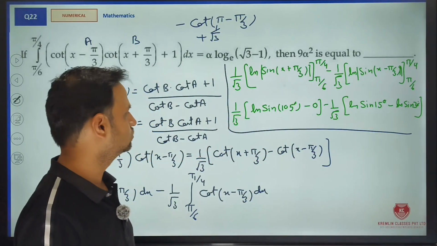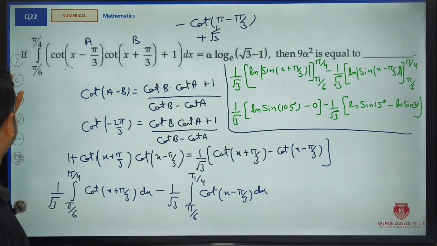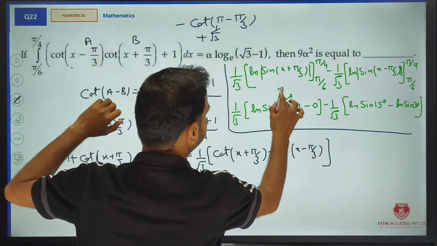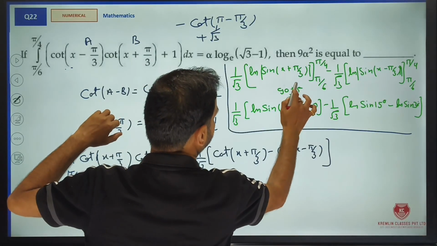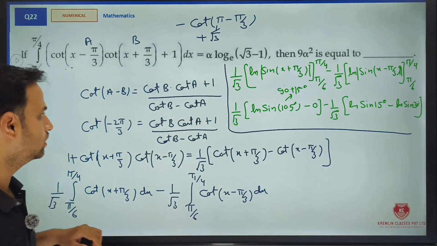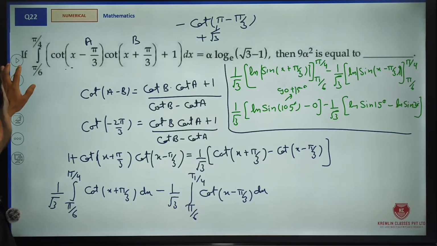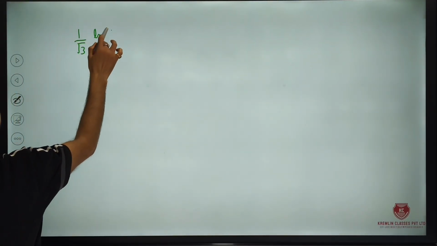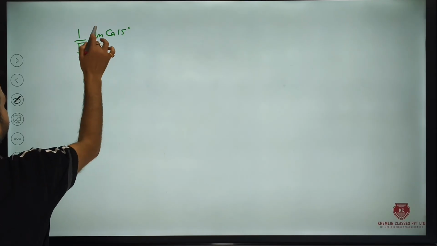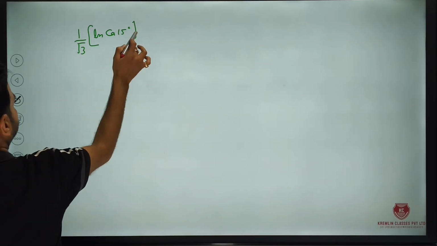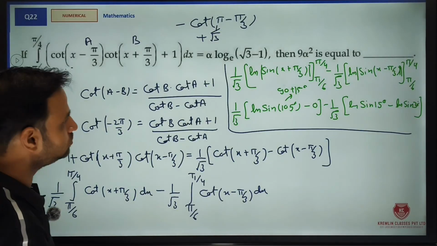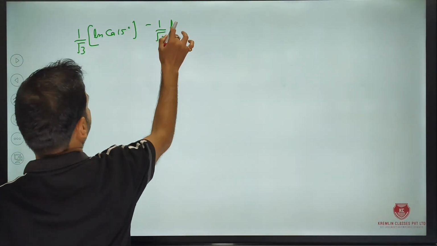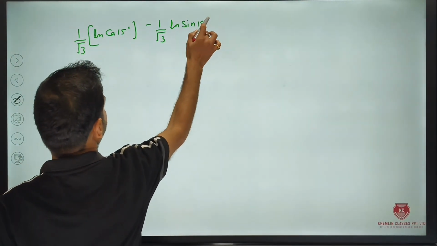Okay, so let us go to the next page. This should be 90 plus 15 degree, and it is the first quadrant, so it will come out to be 1 by root 3 ln cos 15 degree, minus 1 by root 3 ln sin 15 degree.